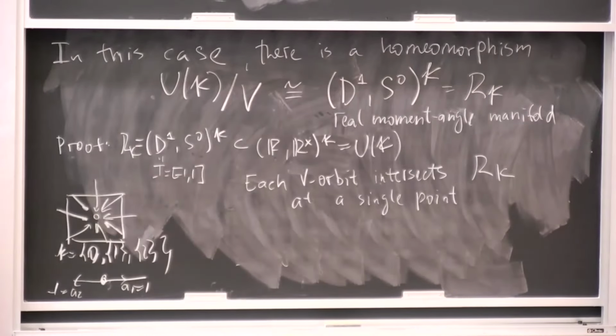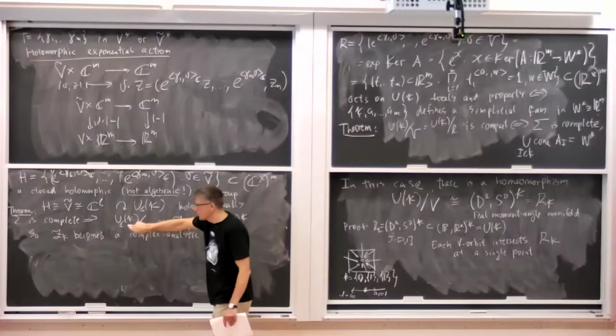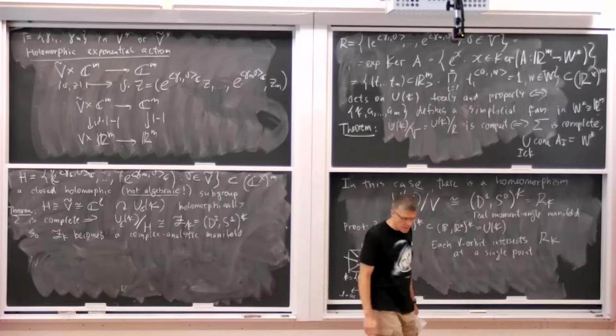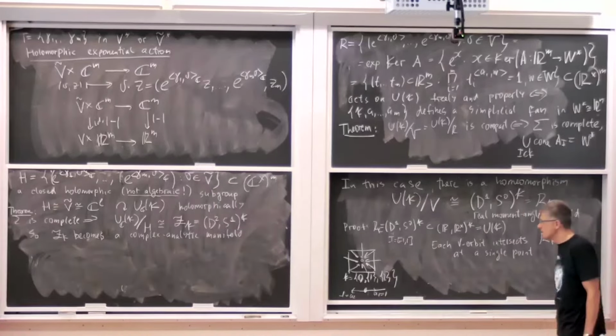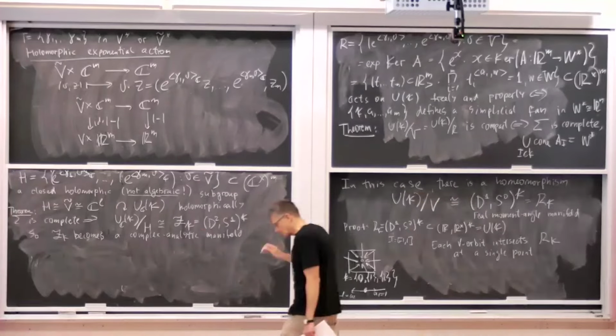But now, what's important here is that ZK becomes a complex analytic manifold, because now you have a holomorphic group action on a complex space, and that puts a complex analytic structure on this moment angle manifold, which has lots of consequences.